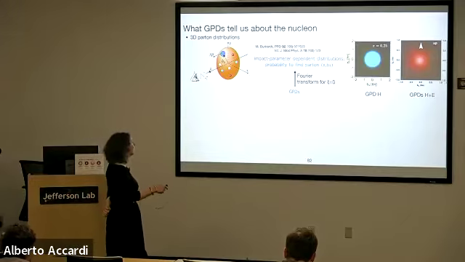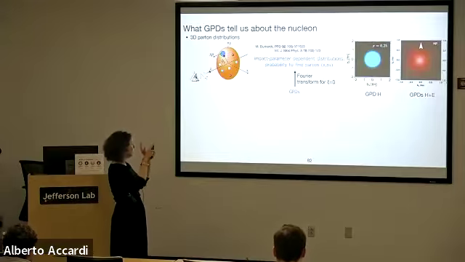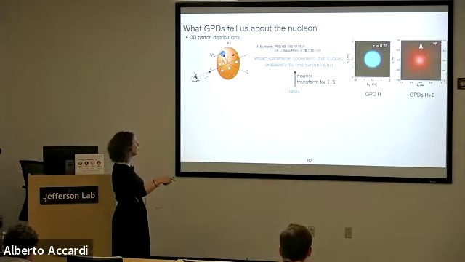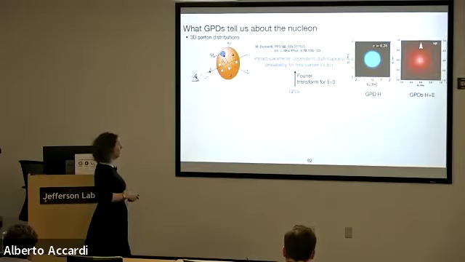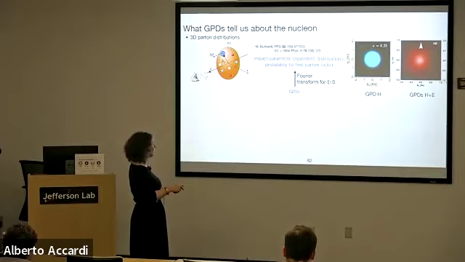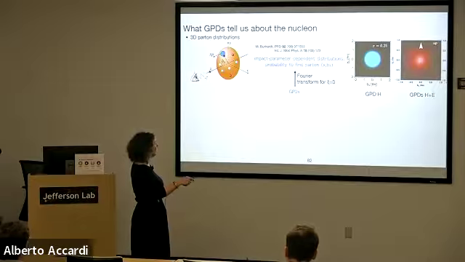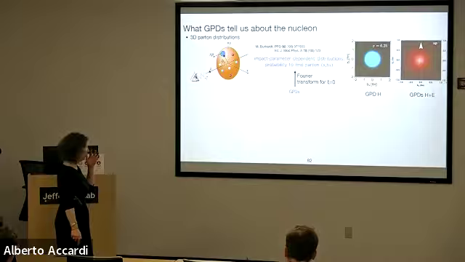Yesterday I showed that if your nucleon is unpolarized, you get this symmetric distribution, and as soon as you polarize your nucleon, you get a shift in your distribution. For the unpolarized nucleon at first order, this is determined through the GPD H, and then if there is a transversely polarized nucleon, also your GPD E starts to play a role.